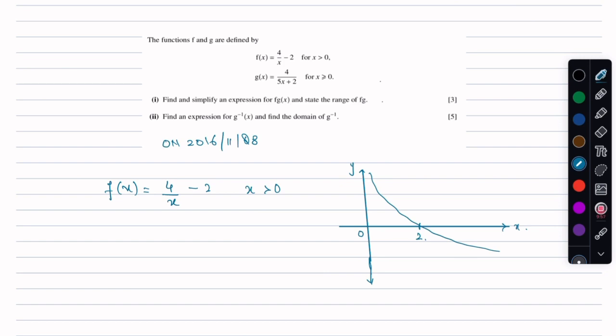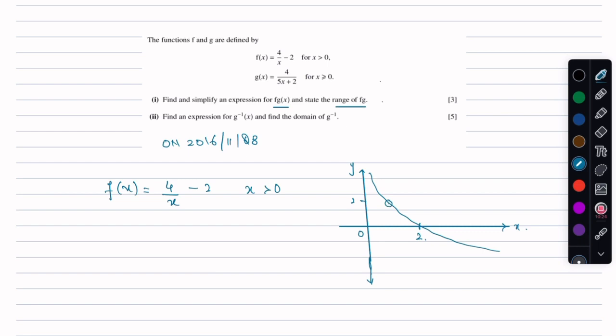That gives me a positive value, which is 2. And when x is 2, the function value becomes 0, giving me the x-intercept at 2, and so on. Therefore, I can very easily sketch the graph for the function 4 by x minus 2, asymptotic towards the y-axis. So find and simplify an expression for fg(x) and state the range of fg.